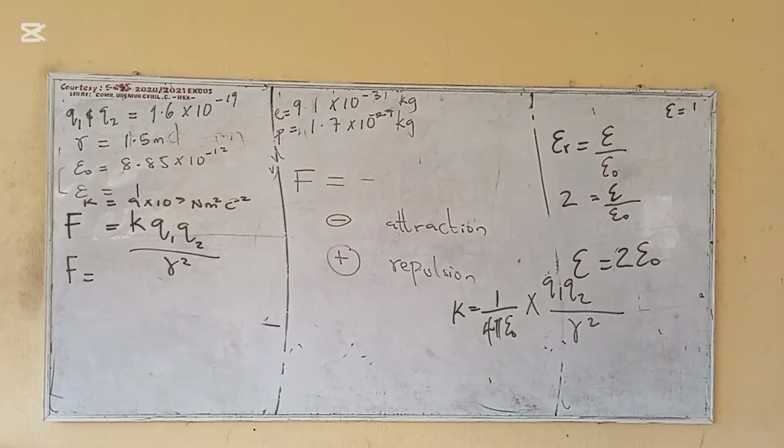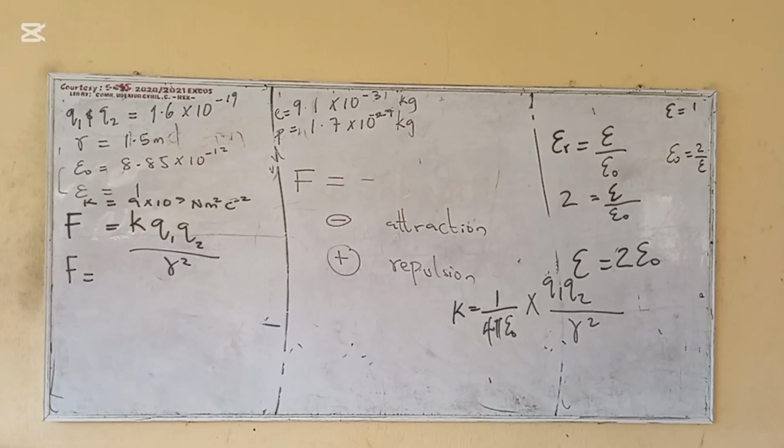Well, we have permittivity of free space now, which means if I make this the subject of the formula, this should be epsilon equals 2 over epsilon. Is it not?